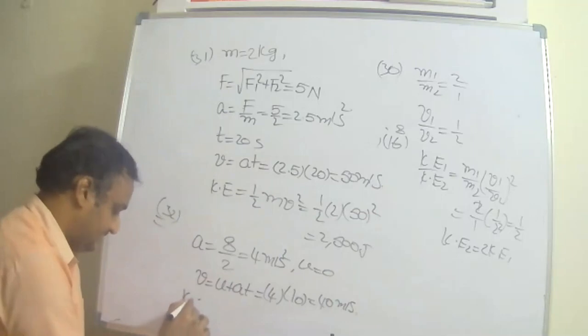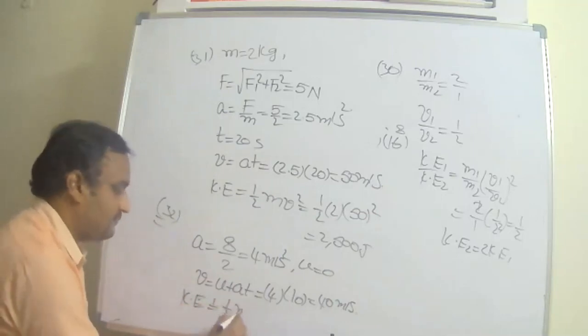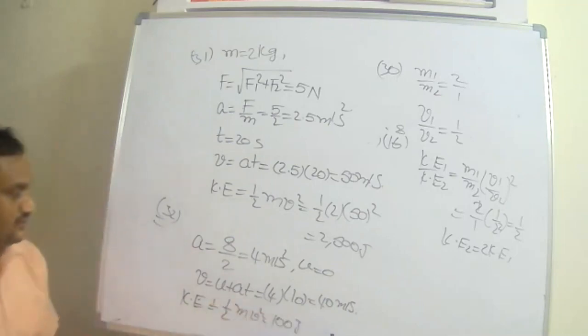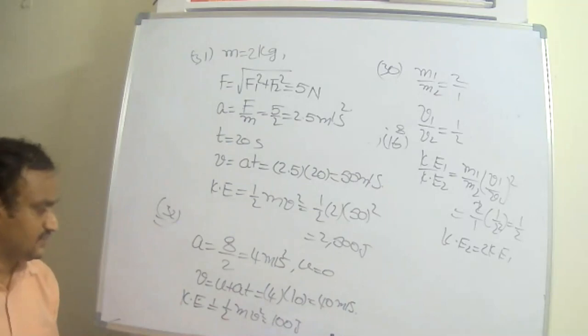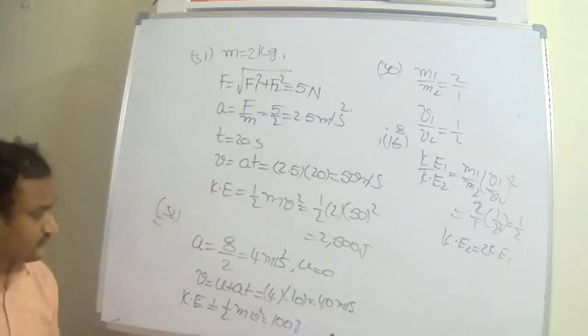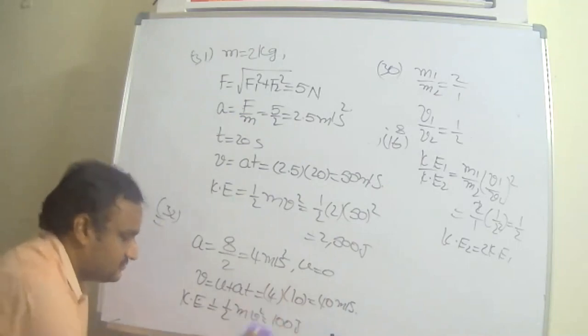So kinetic energy is half mv square. m ఎలాగూ 2 కాబట్టి 2, 2 క్యాన్సిల్ అయిపోతుంది. v square is 4 into 10, 40, or 1600 meters.